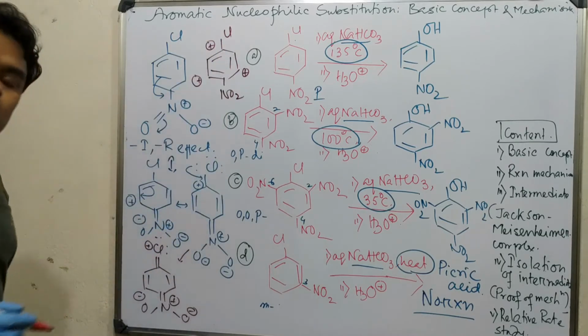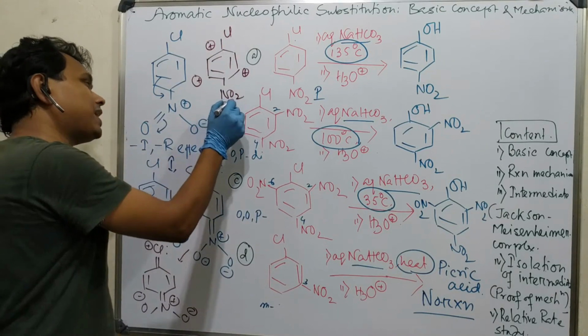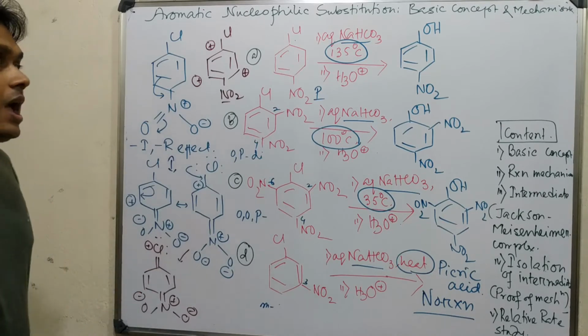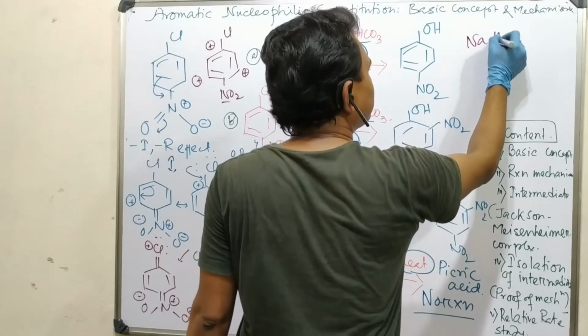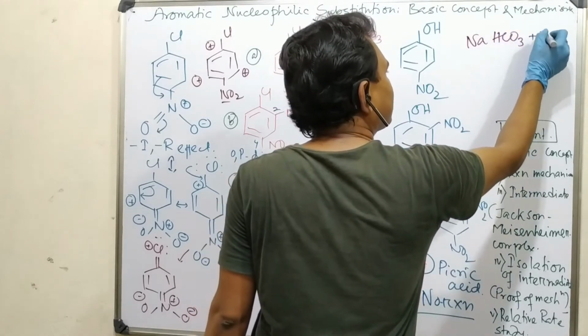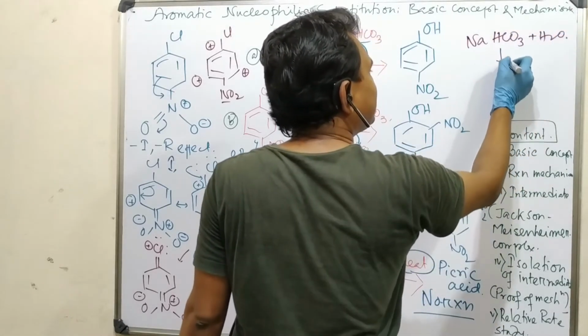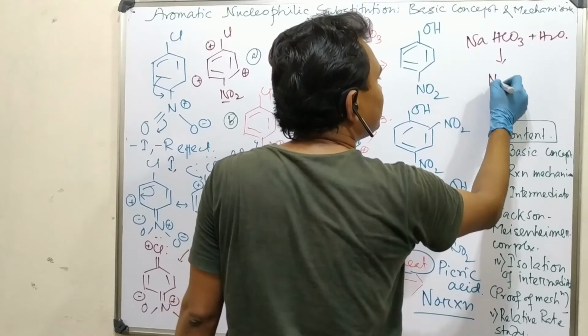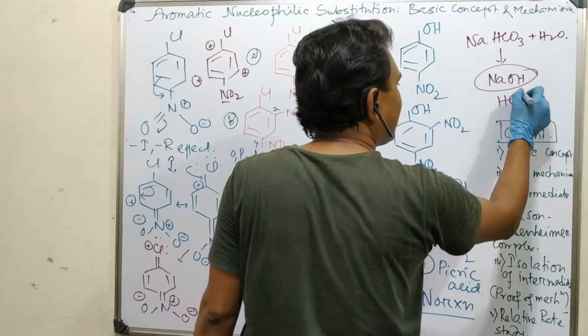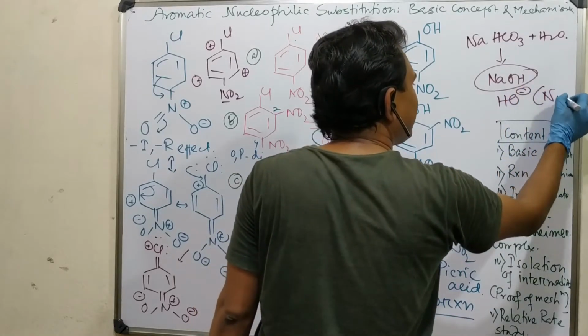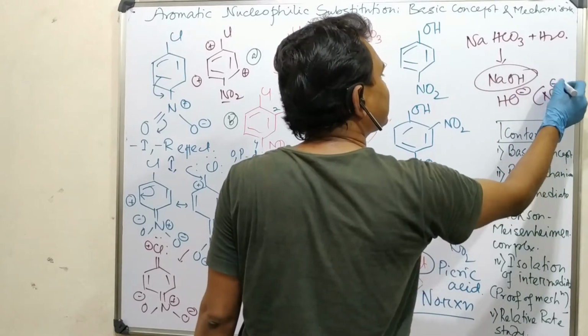Actually, the ortho and para positions with respect to the nitro group are electron deficient. And what is this bicarbonate doing? Sodium bicarbonate plus water generates sodium hydroxide, or better, we can say it is generating hydroxide, which acts as a nucleophile with a negative charge.